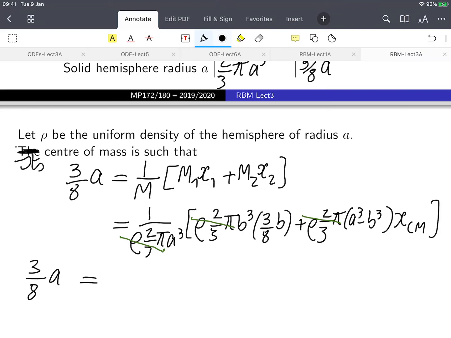It's going to be 3/8 of A to the power 4 equals, and on the right I have 3/8 of B to the power 4 plus A cubed minus B cubed times X CM.